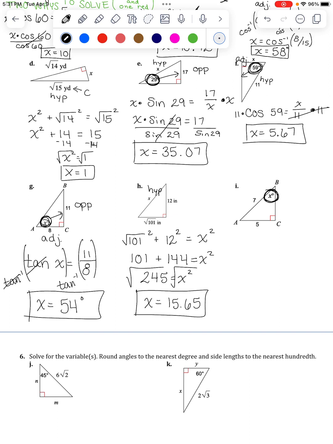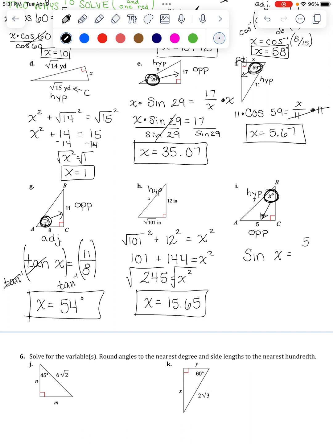Last problem on this page is solving for x. It is also a mixture of angles and sides, so I'm thinking trig. That's the opposite. That's the hypotenuse. My last side is unmarked, and therefore my adjacent's not helpful.